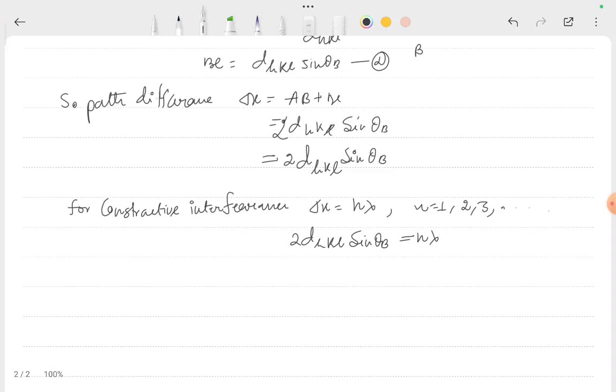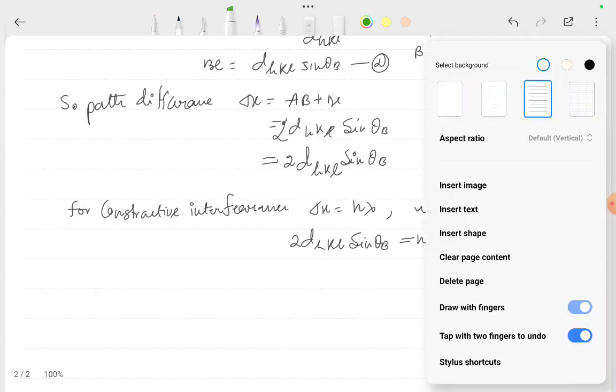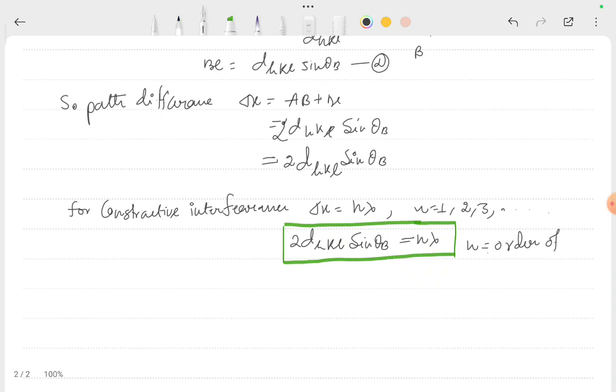Here n is the order of diffraction, please remember.